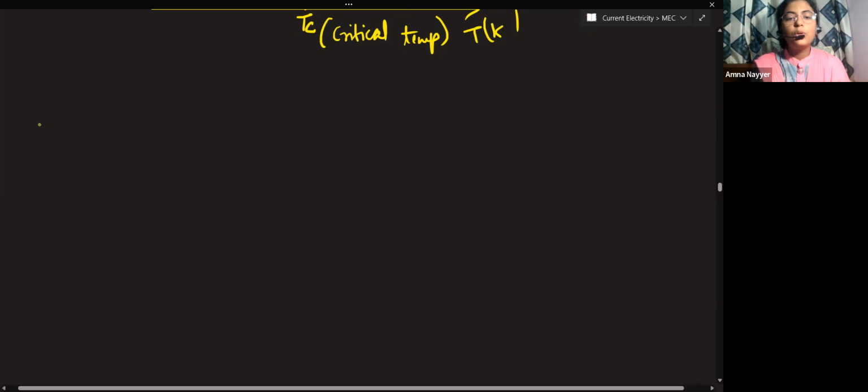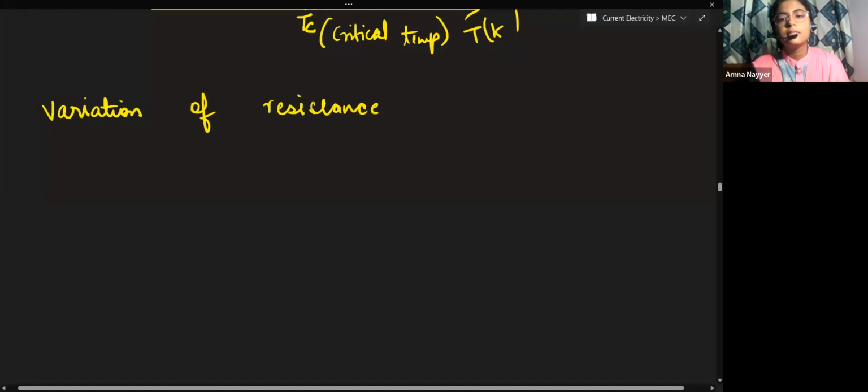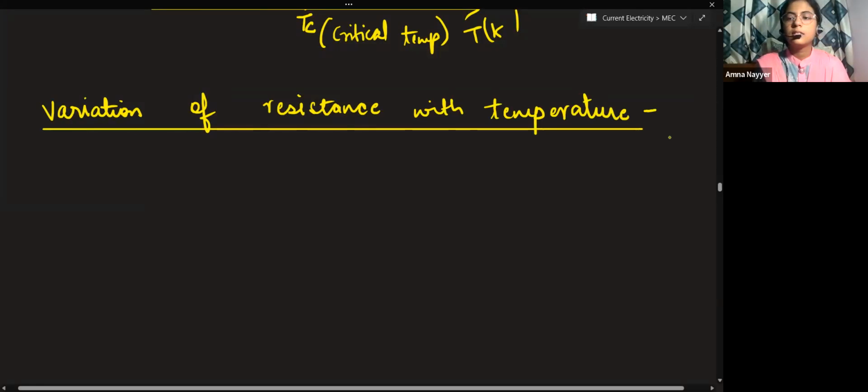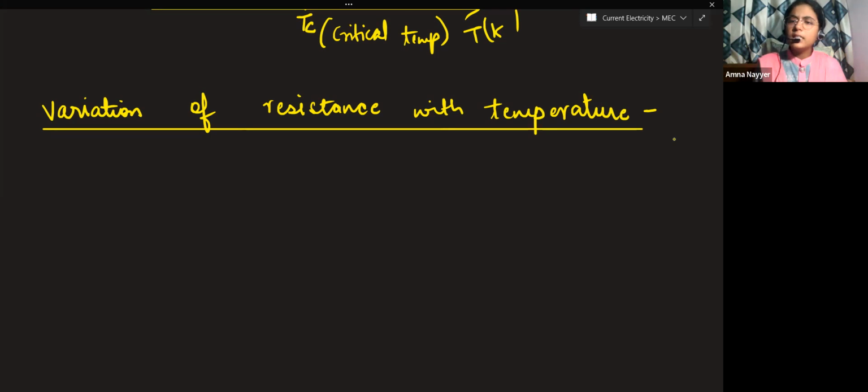But you should know the particular variation of resistance with temperature. If you have different values of temperature, you now know for different materials whether it will increase or decrease. But how to calculate it?